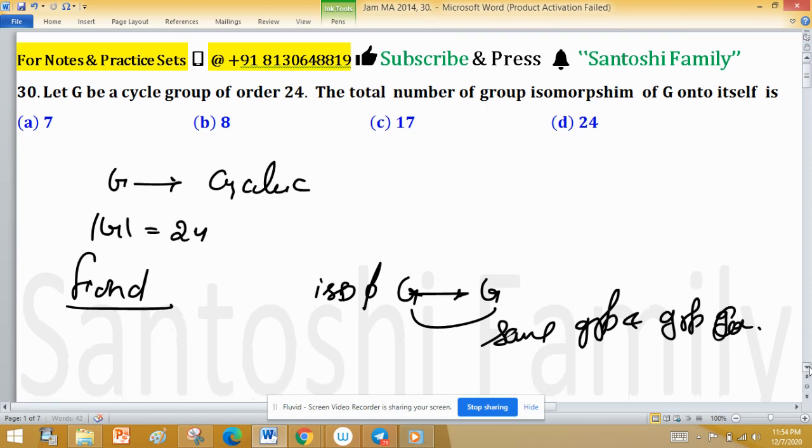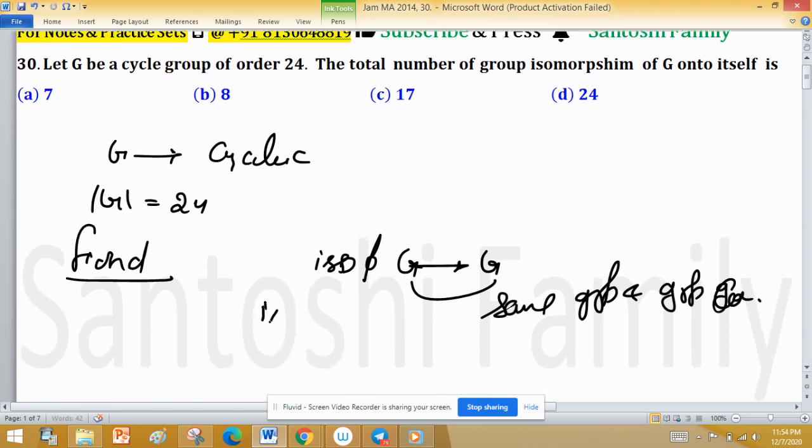So this isomorphism can be considered as an automorphism. This is the automorphism of G, and we have to find the total number of isomorphisms, that is, the cardinality of such automorphisms. It means how many automorphisms can exist.